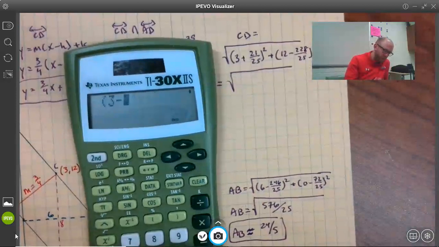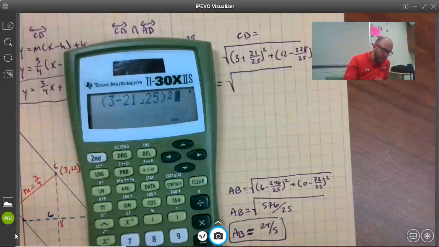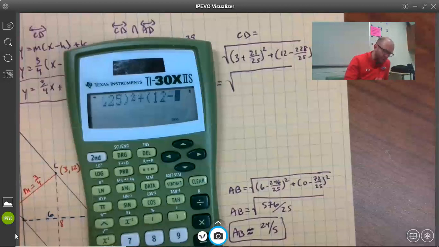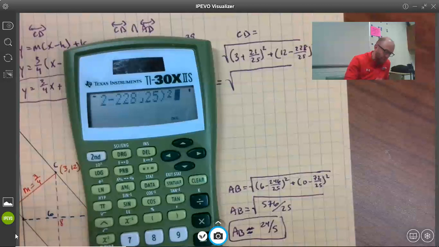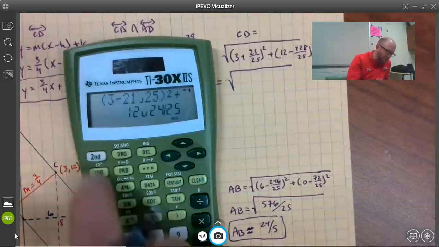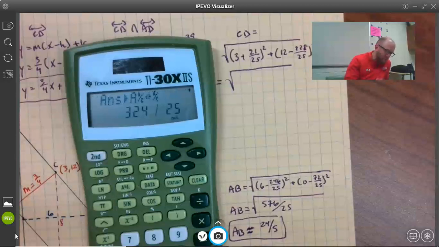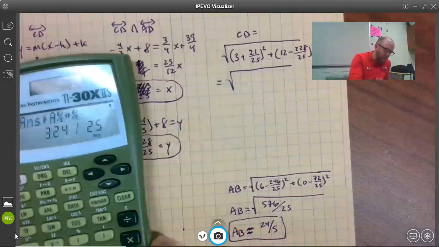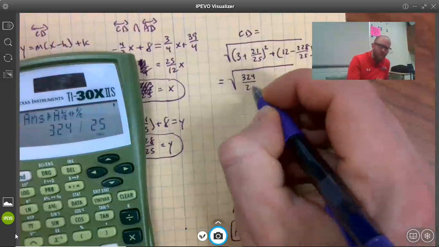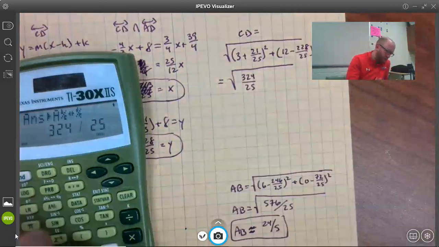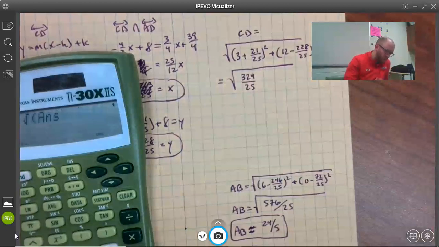We have 3 minus negative 21/25 squared plus 12 minus 228/25 squared, which gives us 324/25. That's 18/5. But it should be 24/5. Something's wrong.